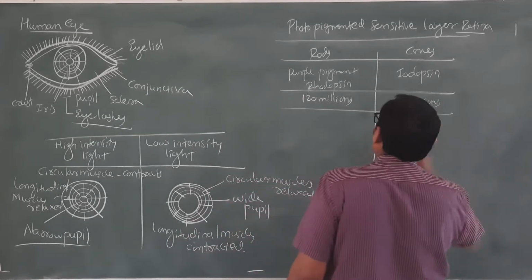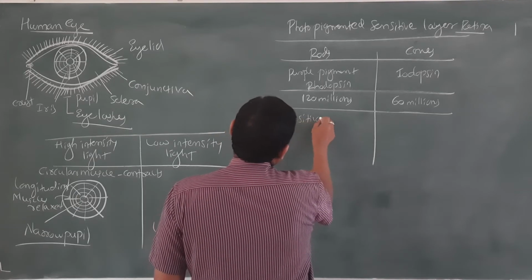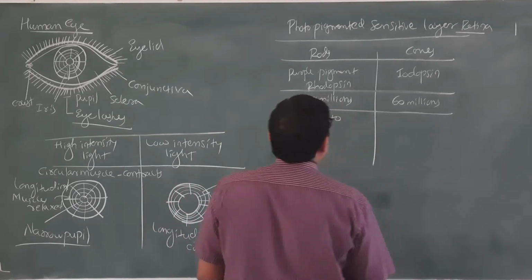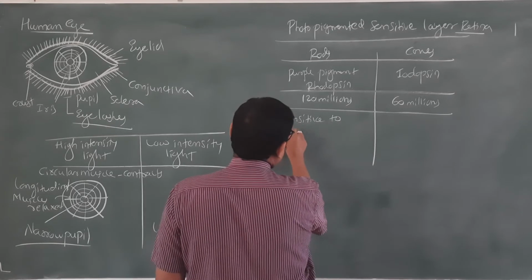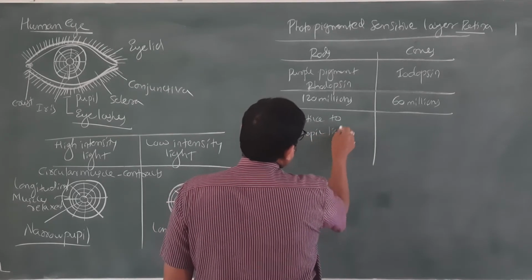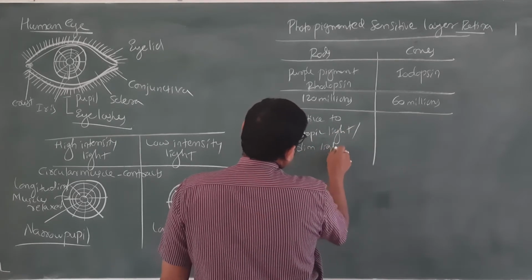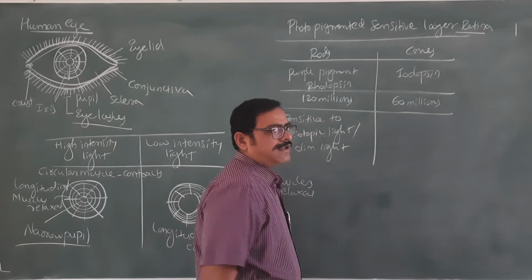Rods are sensitive to scotopic light or dim light, whether it is early morning or late evening.